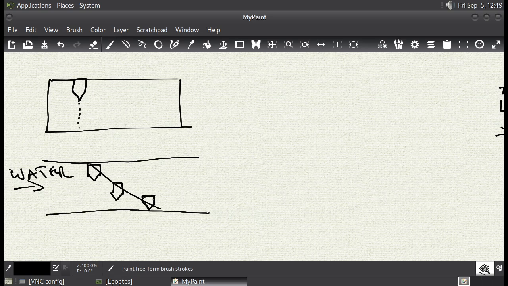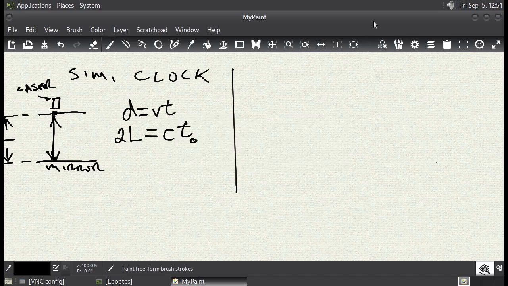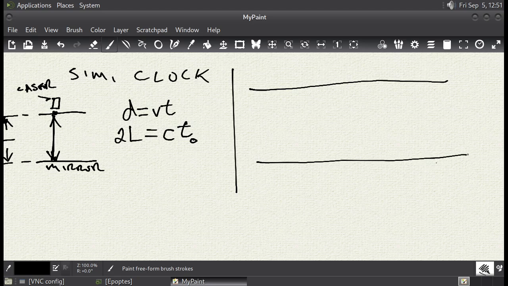Okay? So, now that you accept that, let's go back and take a look at the light. It's the same situation. So now let's do the same thing with light. It's the same clock. It's just that now, when the clock puts out a pulse of light, when we view it from, let's say, Earth, we're not going to see the light go up and down, because the clock is in a spaceship.